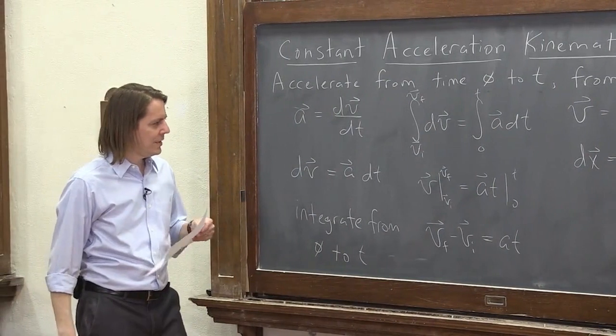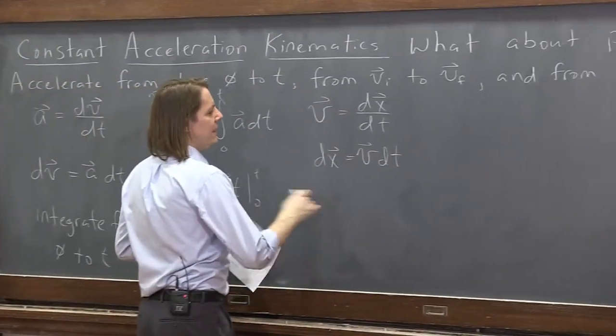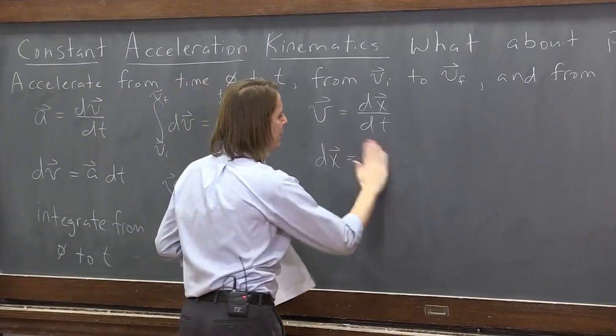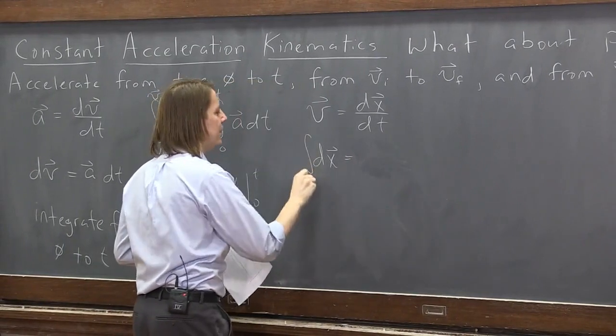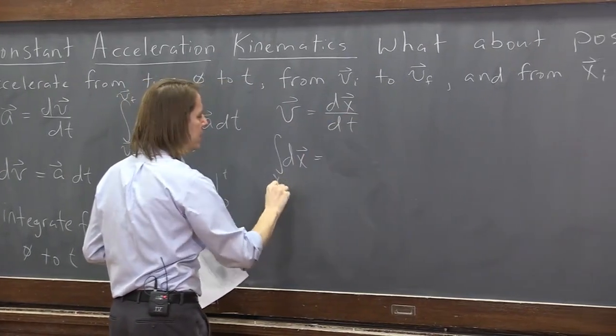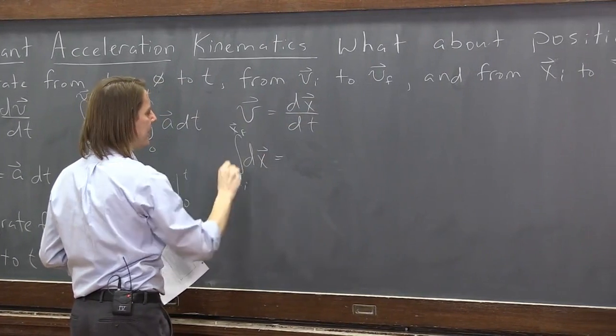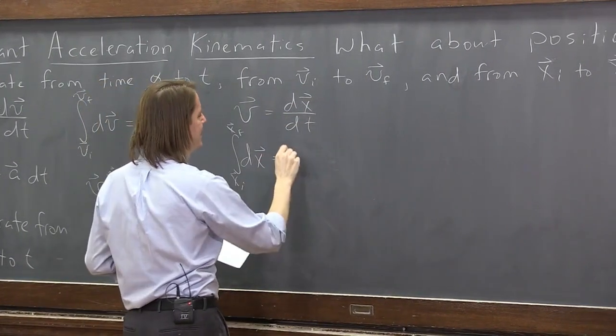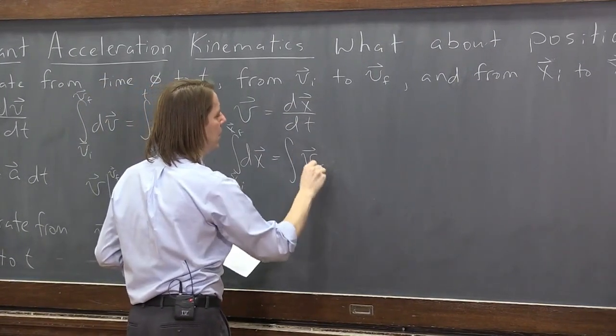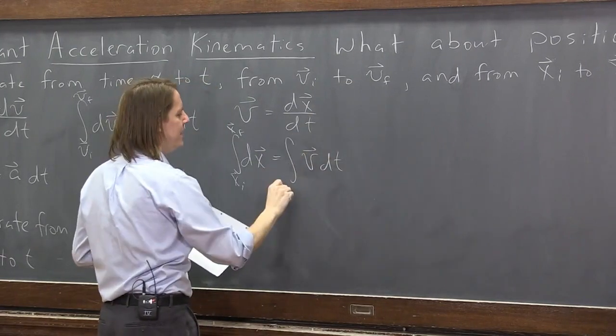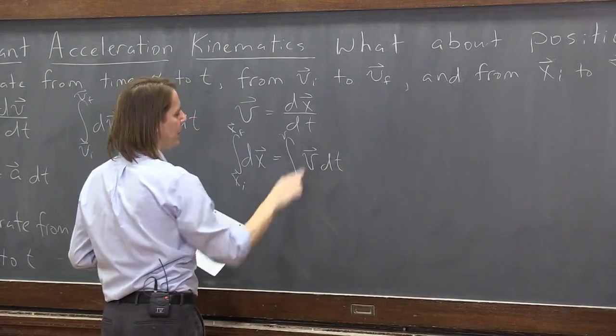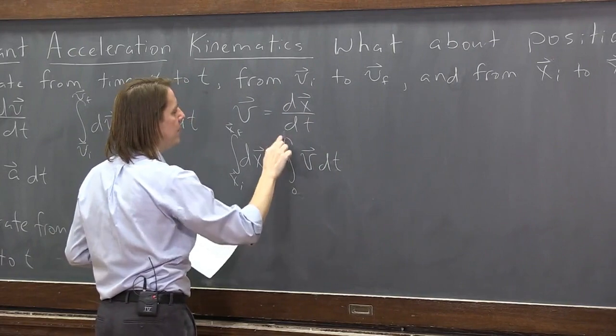What we're going to do is integrate it. We're going to integrate dx from xi to xf, and v dt from 0 to t.